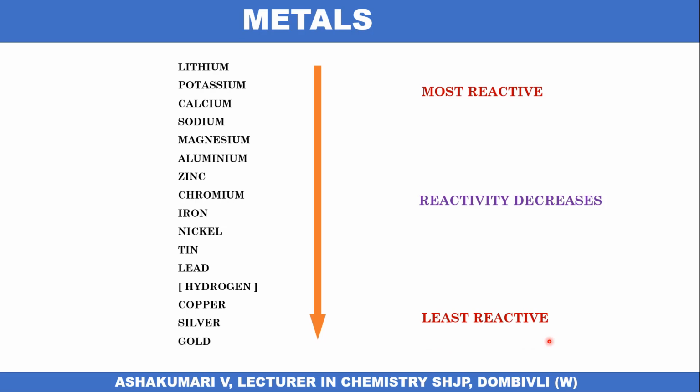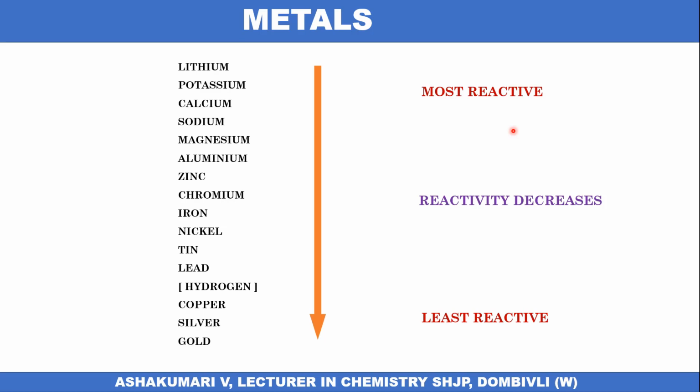So in nature, metals like gold, silver exist in the native state, that is in the free state. And the metals like lithium, potassium, calcium, sodium, etc., which are reactive, always exist in the form of compounds.